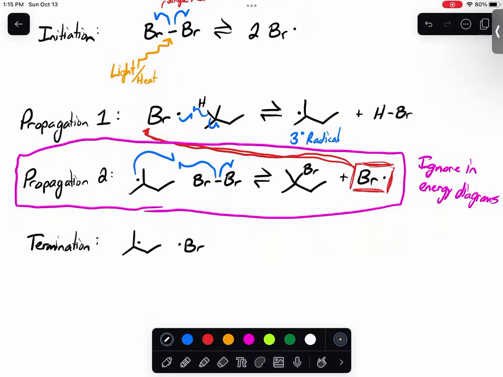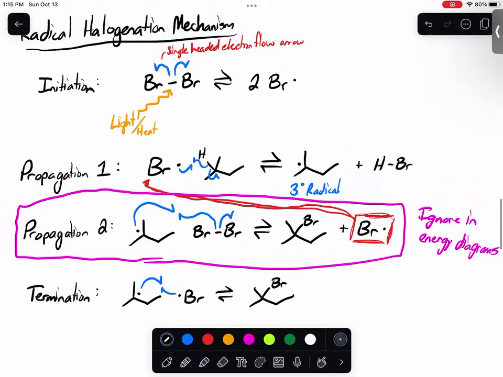It can be any two radicals, but for the sake of this class, we are going to show it as the ones that make the product we want. Okay? And what they do is they just come together and they form a bond, right? So in this case, a carbon radical and a bromine radical come together and they make the carbon-bromine bond. And that is the end of our reaction mechanism.